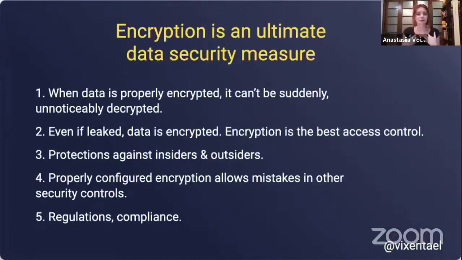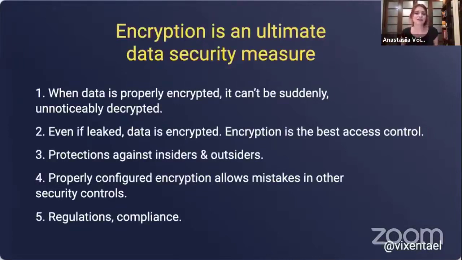As I have a software development background, for me, probably the best output from encryption in general is that when encryption is properly implemented, my team, developers, can make mistakes in other pieces of the infrastructure of the product, but those mistakes won't affect as much.